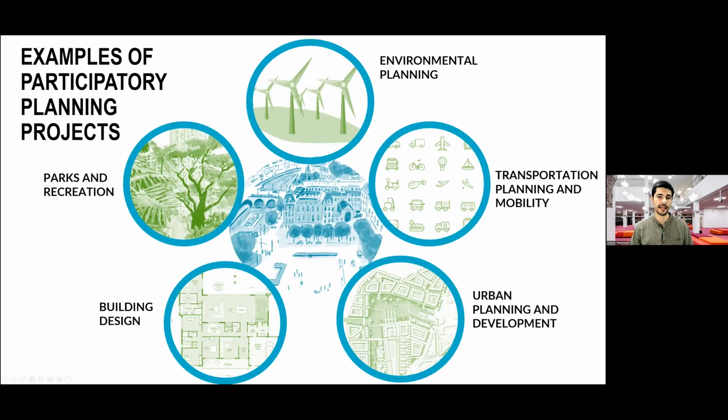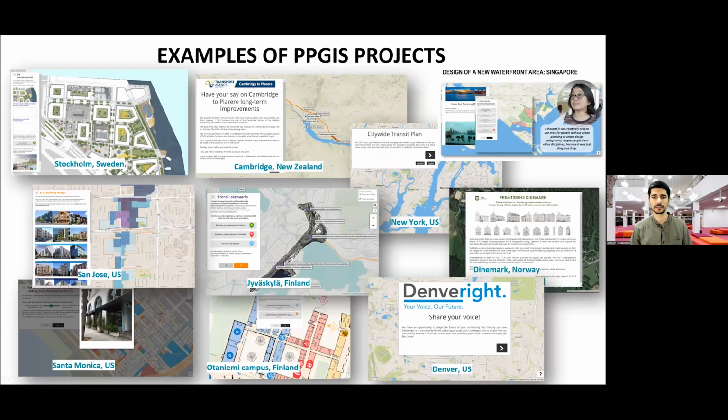simple analysis. Some examples of participatory planning projects: it has been used for studying parks and recreation in different cities. It has been used to study building designs, projects related to environmental planning, transportation, urban planning and development, and so on. So the approach has been used in many different places.